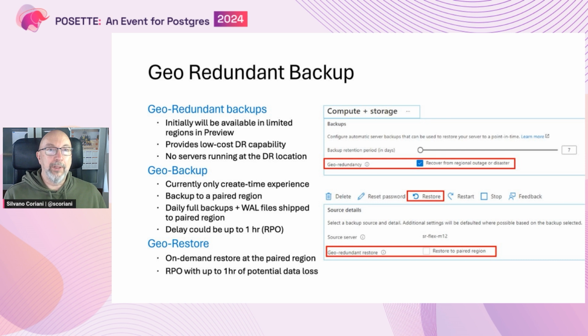Last but not least, with backups, we can enable geo-redundant backups, and with basically a click of a button here or with a specific API command in CLI and such, we will automatically transfer our backups from our primary region to a geo-paired region, where at the opposite end we can restore those paired backups and create a brand new copy of our entire system in a different region in case we completely lost the previous one.